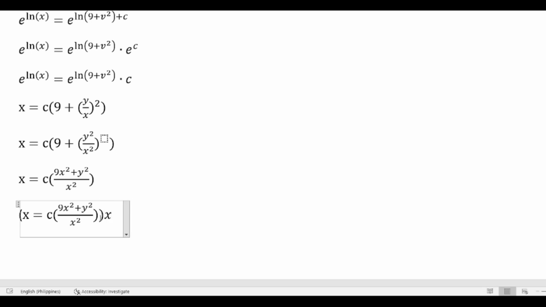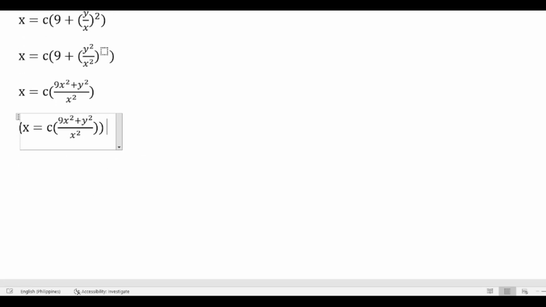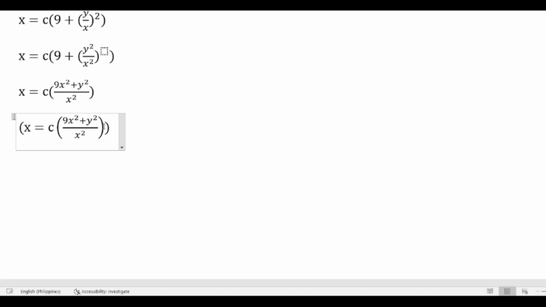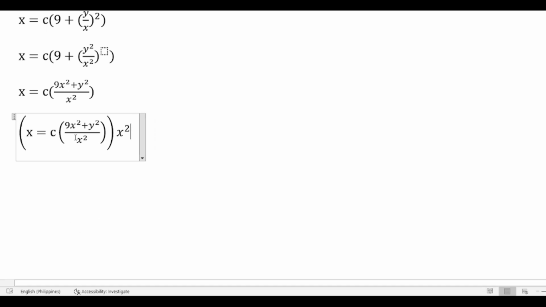Again, x squared. Or maybe it's outside of the equation. Let's do it again. It's outside the equation. Okay. There. And then x raised to 2. There you go. Of course, we'll be canceling our x squared over here and multiplying to the other side.